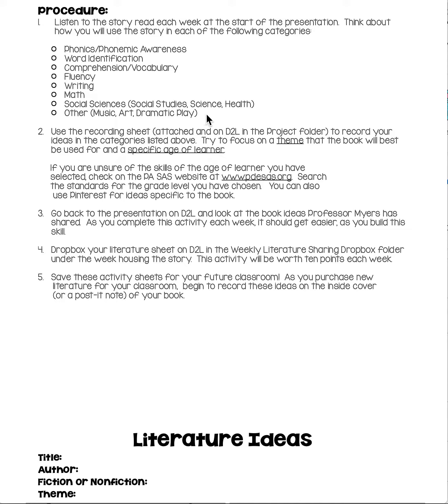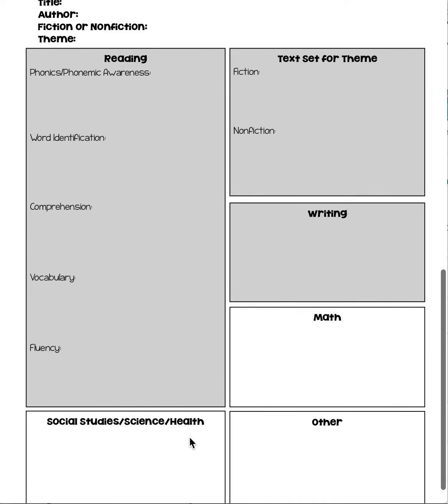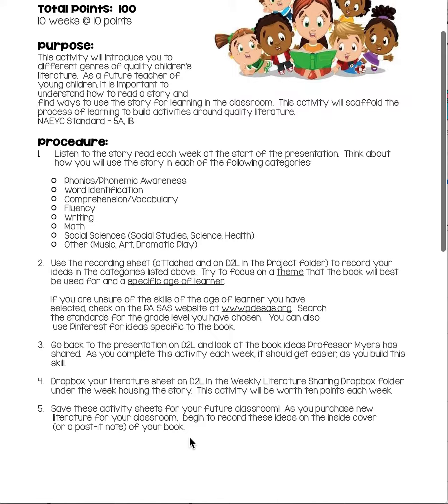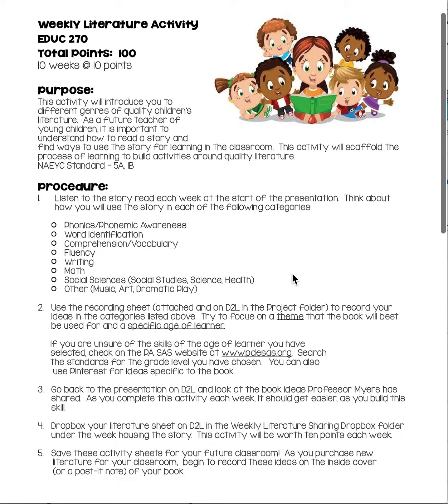Also think about how to use this story for other extracurricular areas in your classroom, such as music, art, or dramatic play. Using the recording sheet at the bottom, you will record in each of the specific areas.